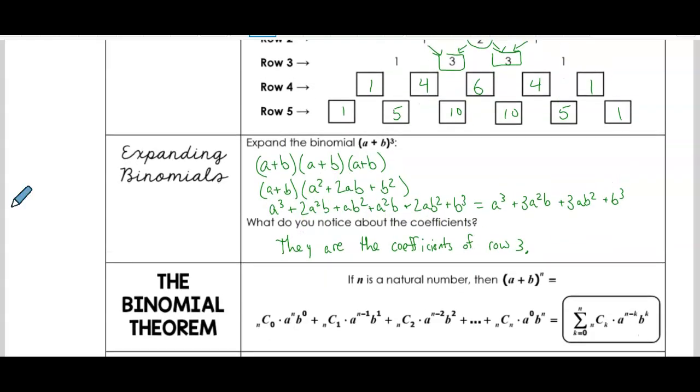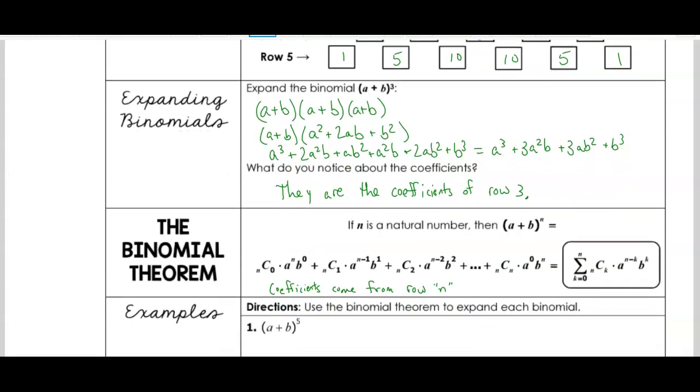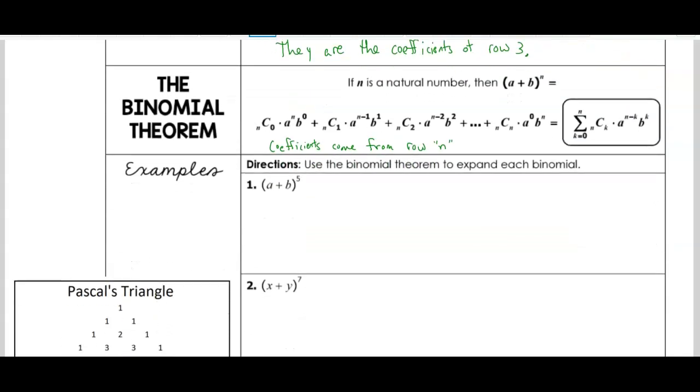So what we need to do is look at the exponent, and whatever the exponent is, that's what row we're looking at. So the coefficients come from row n. Whatever n is, whatever that power is, that's where we're going to look in Pascal's triangle.